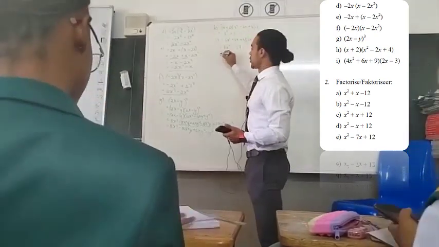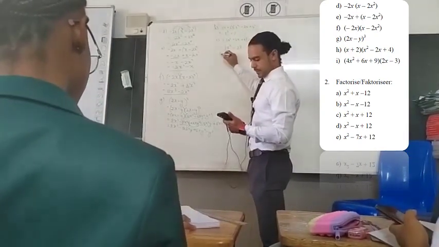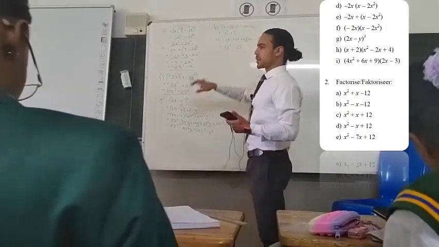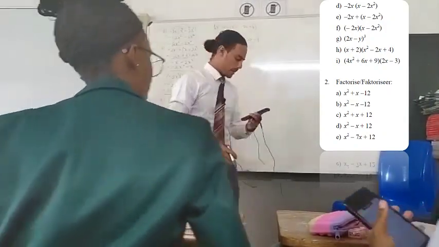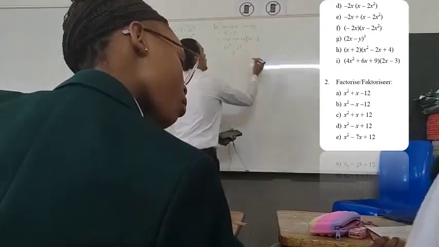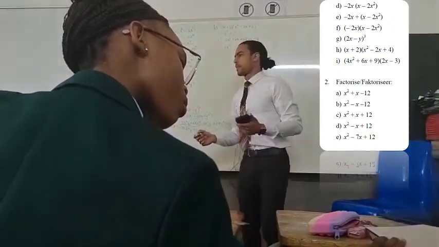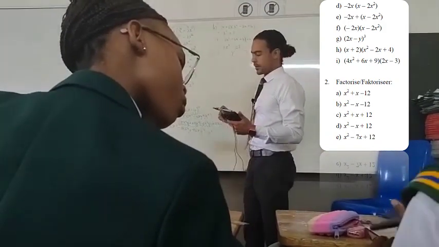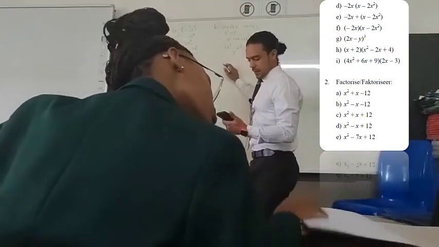Alright, question number 2. Factorize. Alright, let's start here in the front. You can give me the answer. And then we go. Give us the answer. One answer. Number 2A, yes.